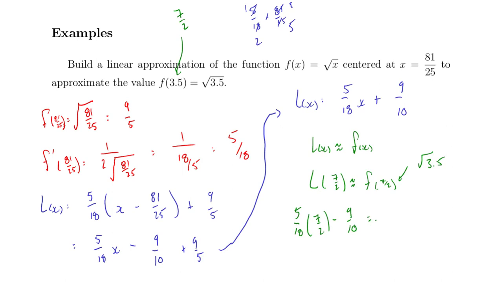Again, it's some annoying arithmetic to do. That's 35 over 36 minus 9/10. I'd have to find a common denominator here, which is going to stink. I'll probably just use 360 because it's going to be easy to do. This is 350 over 360 minus 324 over 360.